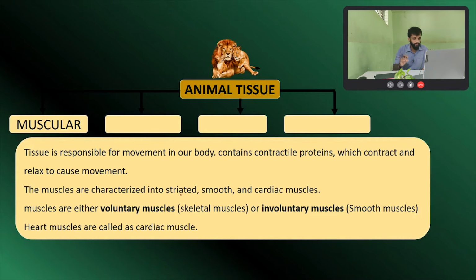Simple example. Now what do we mean by voluntary and involuntary muscles? Sometimes your friends or your sibling must have done this to you: you are sitting, and suddenly they come and act as if they are going to punch you on your face.